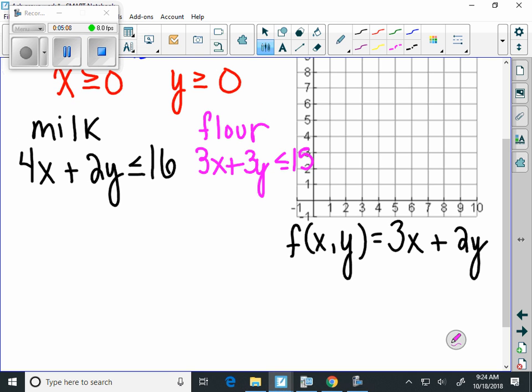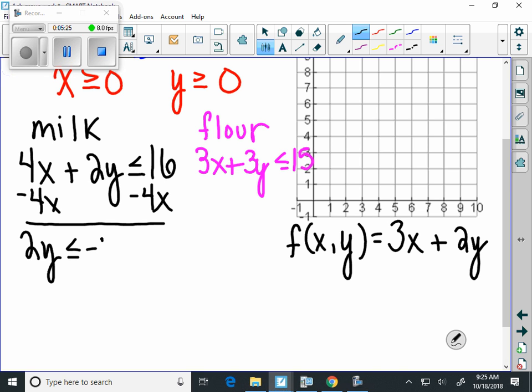The reason that we wrote this side by side is that we need to put these in slope-intercept form now so that we can graph them. We're going to subtract 4x from both sides, and we have 2y is less than or equal to negative 4x plus 16. Divide both sides by 2.